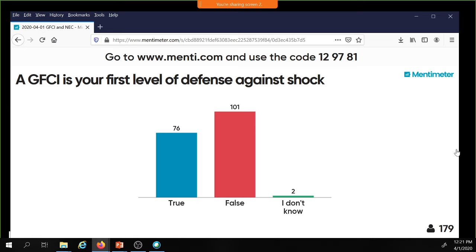We practice defensive driving because the airbag is really the last level of defense against an accident. So with your GFCIs, we don't work and operate like, "Hey, I've got a GFCI, so I don't have to worry about it."